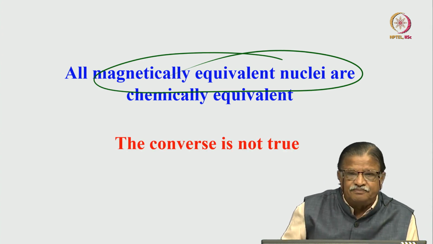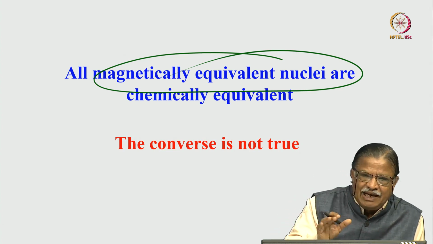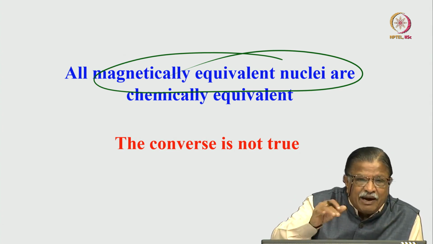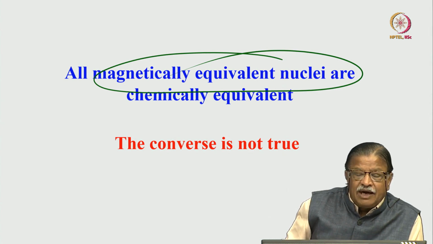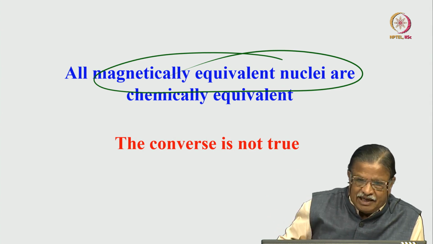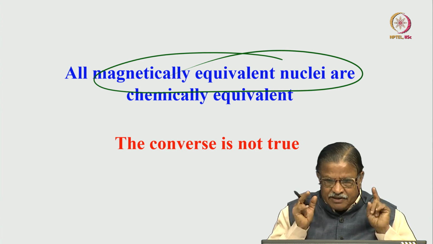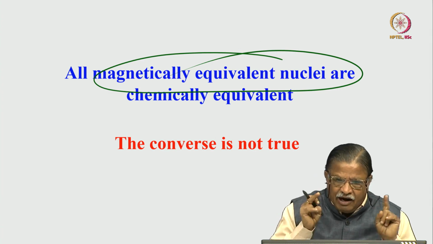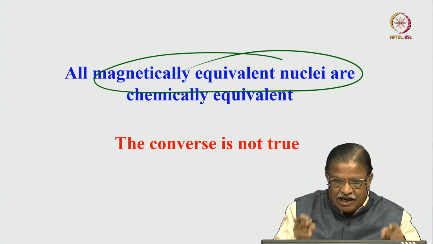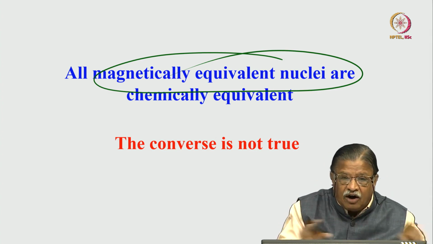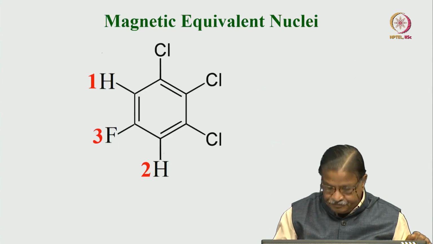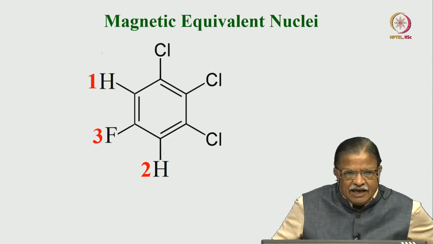The converse is not true. All chemically equivalent spins need not be magnetically equivalent because coupling can be different. Only when the couplings are the same are they magnetically equivalent. So, this is the important point. Please remember, I stress it again, all magnetically equivalent spins are chemically equivalent, but all chemically equivalent spins are not magnetically equivalent.